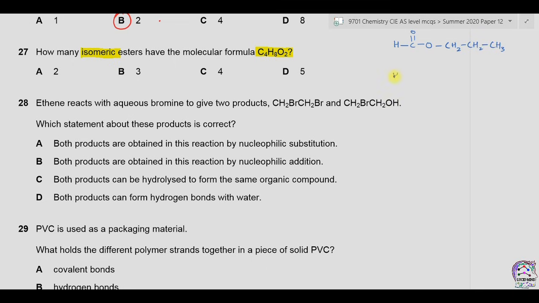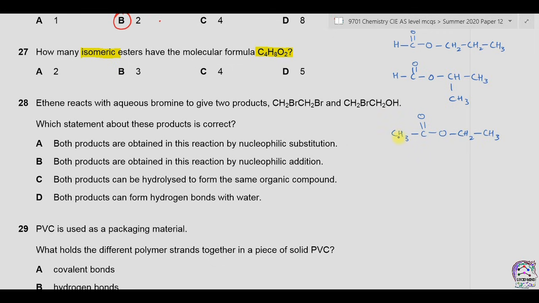Now we can also make another structure, HC double bond O, O, CH, CH3. Now the corner carbon has been shifted to this carbon atom, so the structure would be like this. In the third structure, we can put a carbon atom on this side. So we have CH3, C double bond O, O, CH2, CH3.